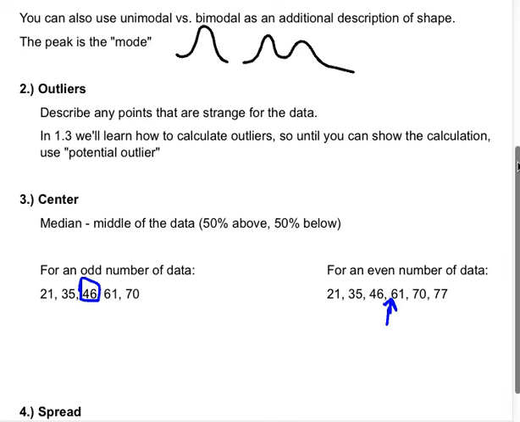So I have 6 data points, so it is in between the third and the fourth data point. So what you do is you just average those two numbers. Okay, so 46 plus 61 divided by 2. So the median for that one would be 53.3.